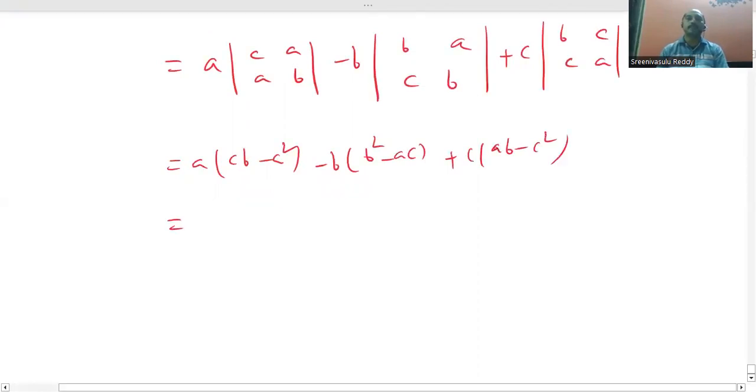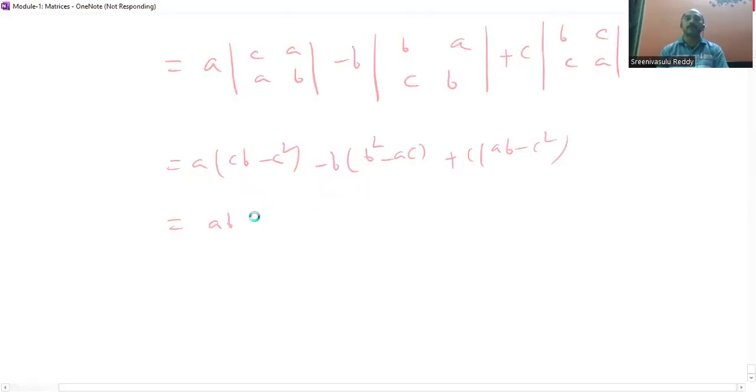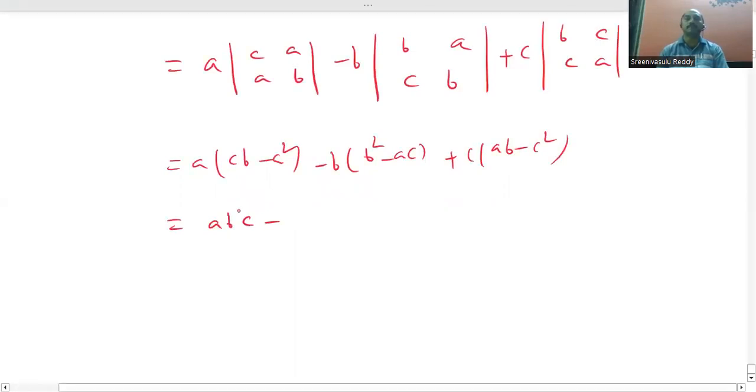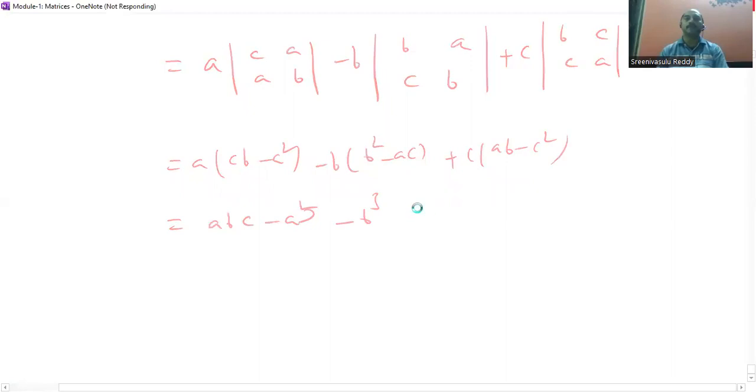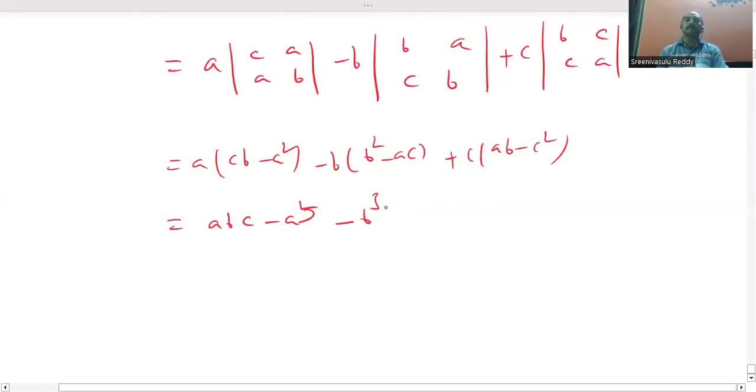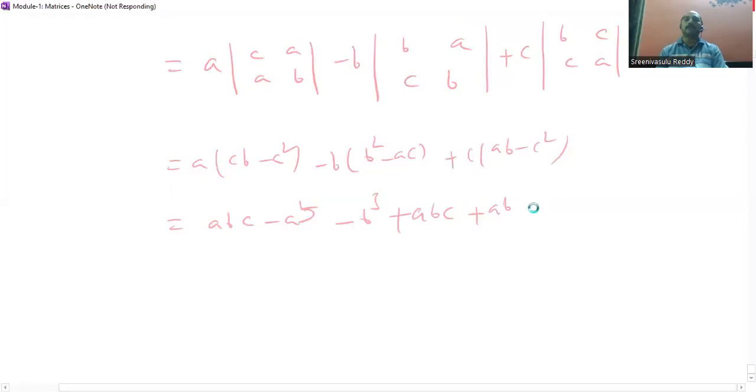Now, if we expand this expression, we get ABC first term minus a cube, minus b cube plus ABC, similarly plus ABC minus c cube.